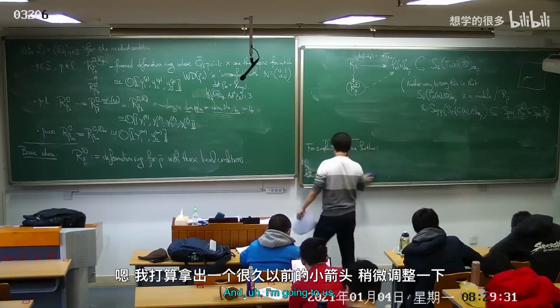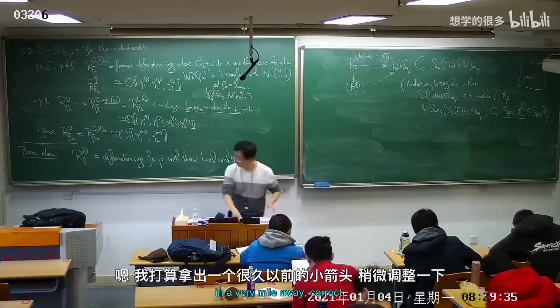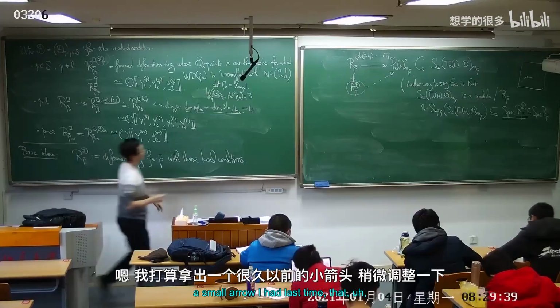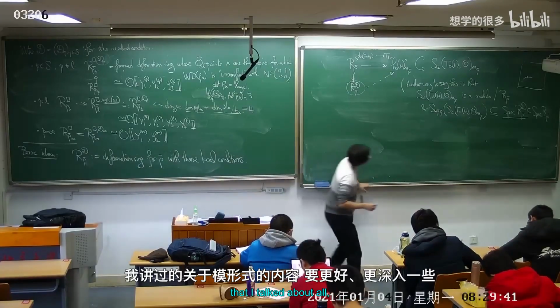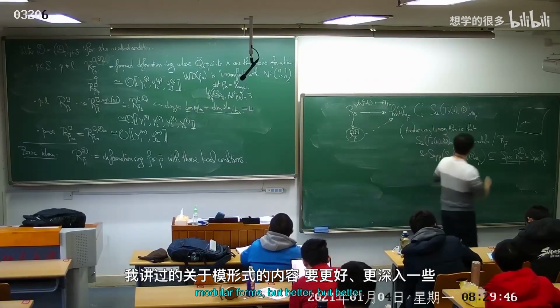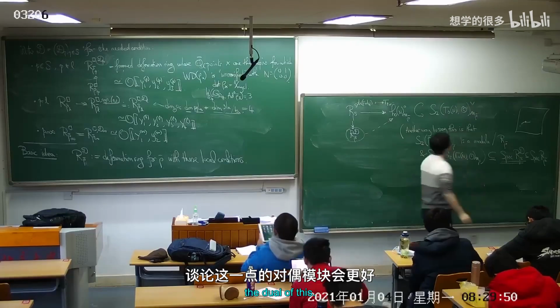And I'm going to, in a very mild way, correct a small error I had last time. Last time I was talking about modular forms, but it is better to talk about the dual of this modular form.